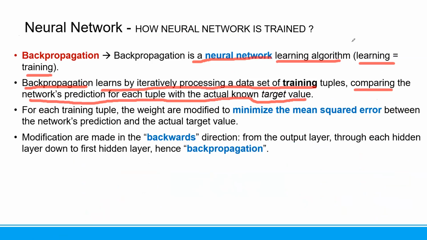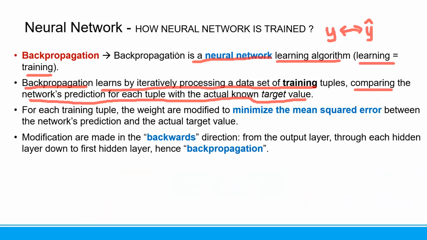In short, the variable y indicates the actual value, and the variable y hat indicates the predicted value. Whenever we do prediction or classification, we always compare whether the predicted value is the same as the actual value or not.